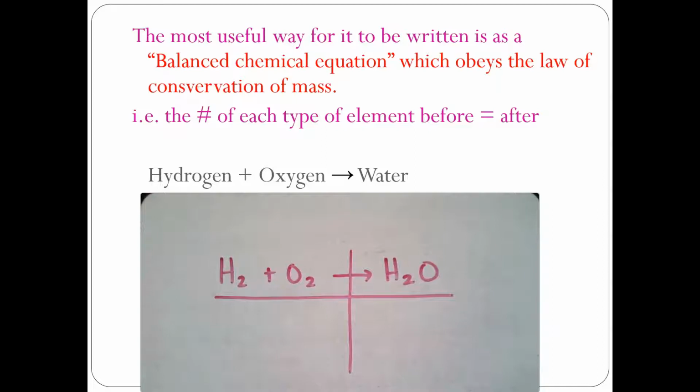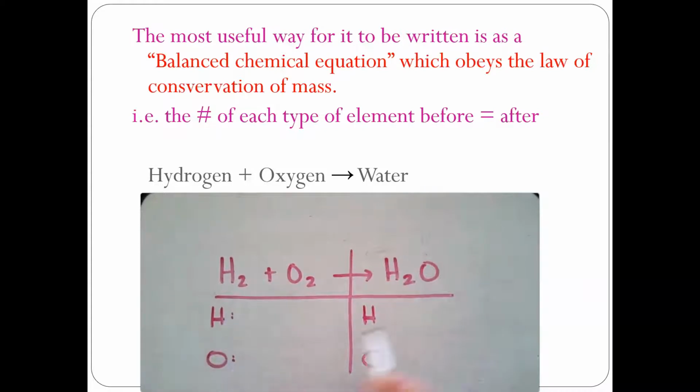Now I write down all of the elements on each side of my chart. So I have hydrogen and oxygen, and I have hydrogen and oxygen. And you'll notice that I do not include any subscripts here unless it happens to be a polyatomic ion.